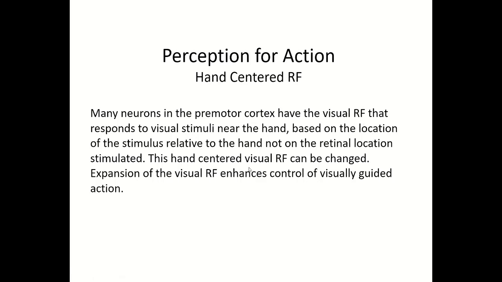It depends on our experience, how we use our hand in our tasks. So different people use the hands in different types of tasks. So that receptive field is constructed based on that. So this is one kind of plasticity, and that receptive field size can be changed by changing the type of work you do using your hand.